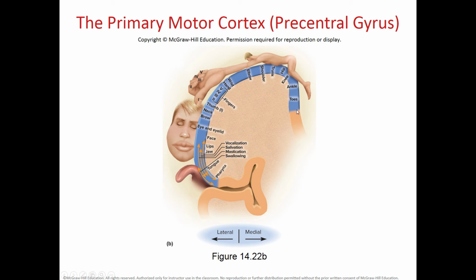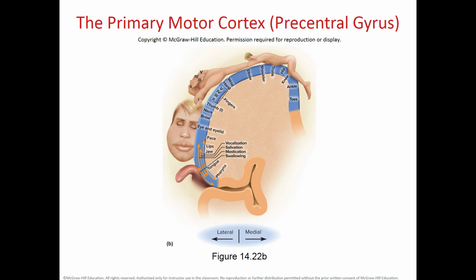So within this deep portion of the precentral gyrus, we move our toes. Then within this, we move our feet, our ankle in here, our leg in here, the knee in here, hip, etc. So everything below the wrist, all these different regions are moved by these different areas of the precentral gyrus.